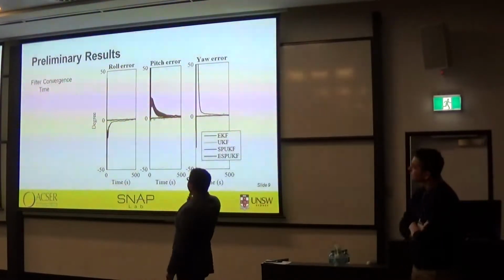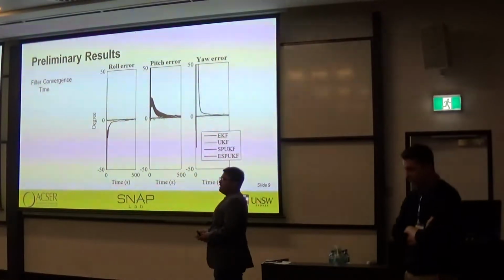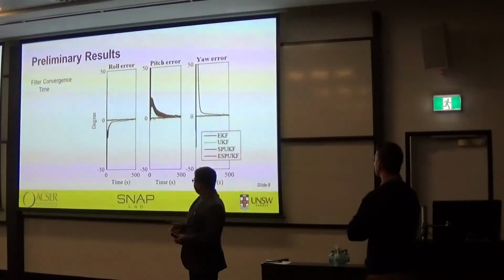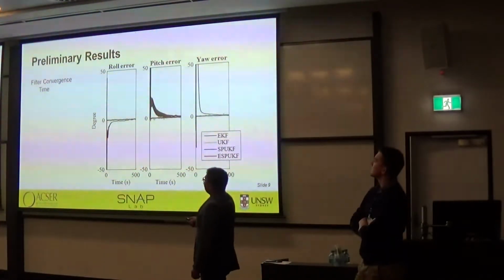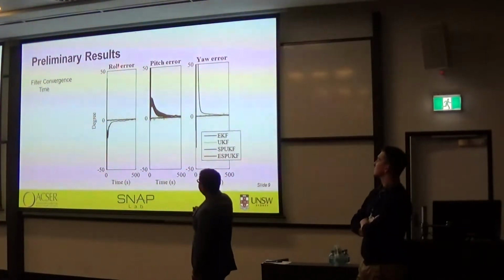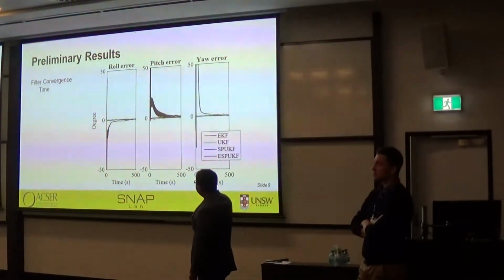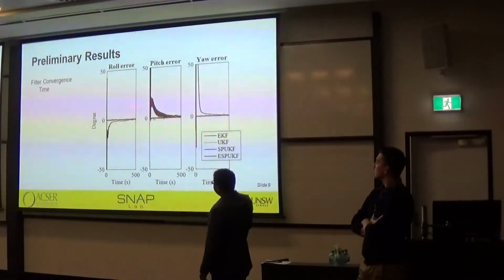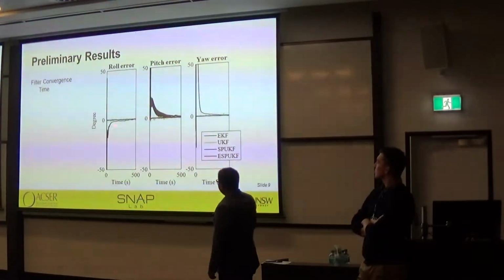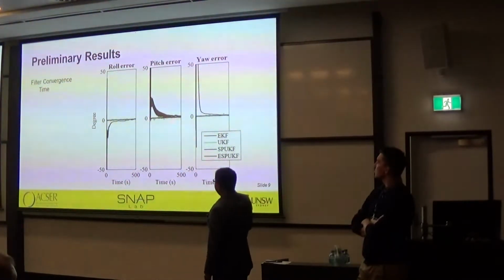So these are the preliminary results when we implement extended Kalman filter, UKF, SPUKF, and ESPUKF in attitude determination. You can see that this is the filter convergence time. These black lines are the EKF, and you can see that it takes almost 500 seconds to converge to nearly zero error. But the unscented type filters rapidly converge to almost zero error.